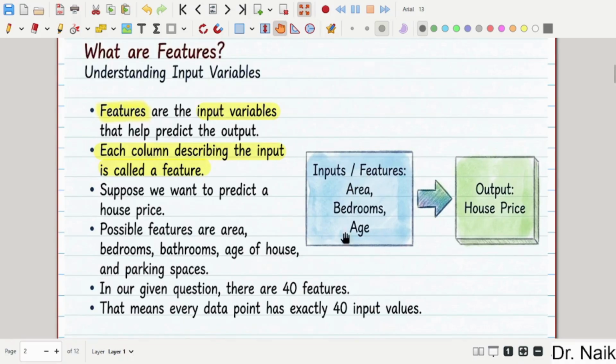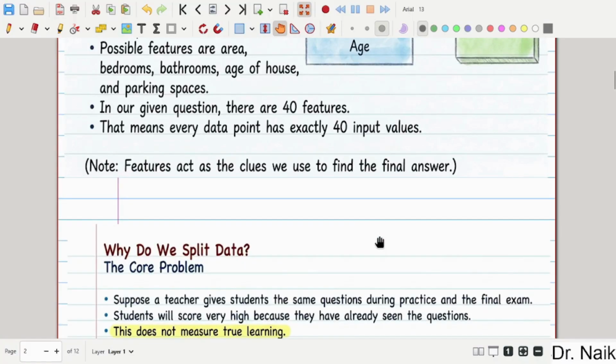So these are called features. In our question there are 40 features. That means every data point has exactly 40 input values. Features act as clues we use to find the final answer.